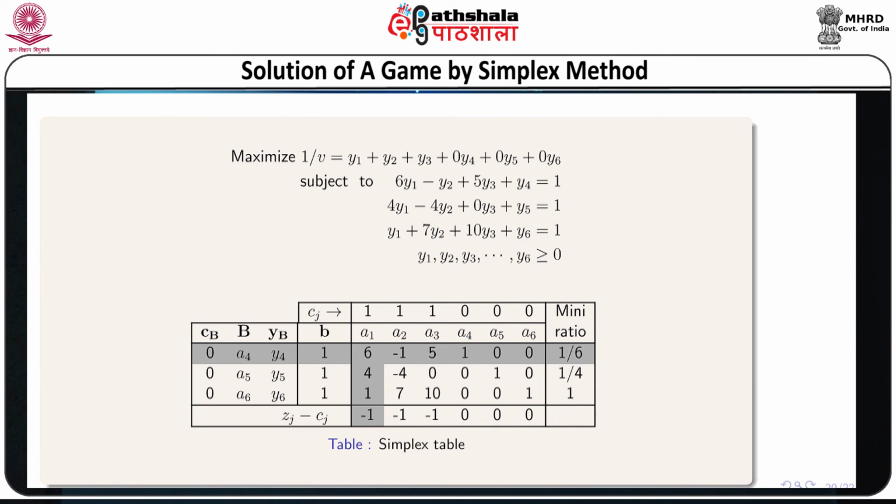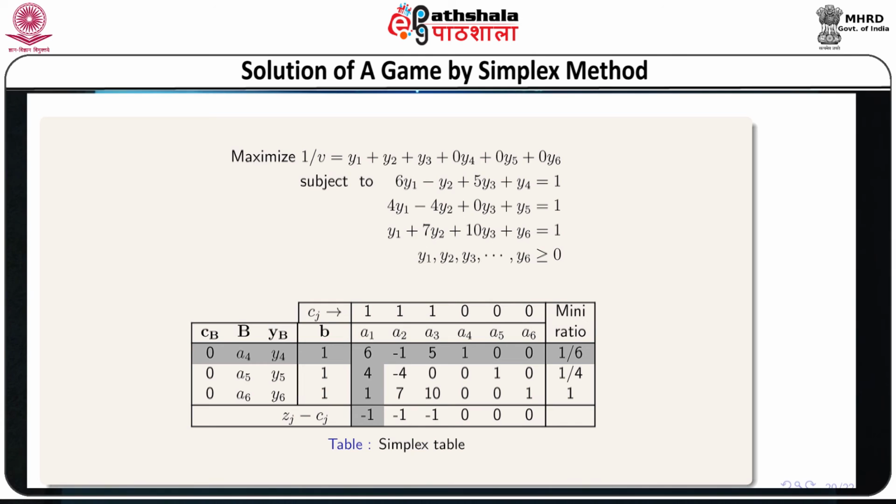And we also get the first iteration in simplex table, where A4, A5, A6 are the basic vectors, and corresponding y4, y5 and y6 are the basic variables.